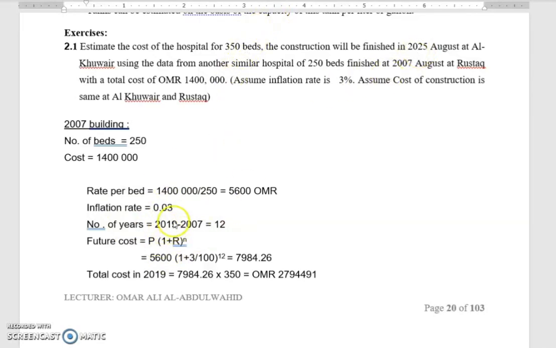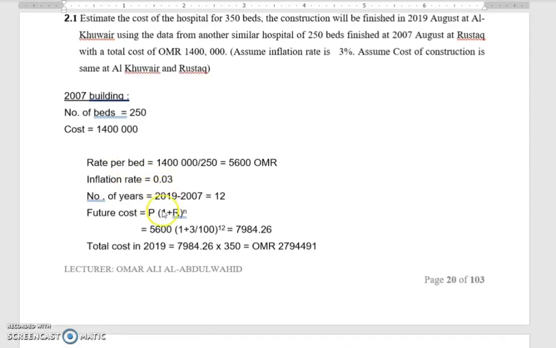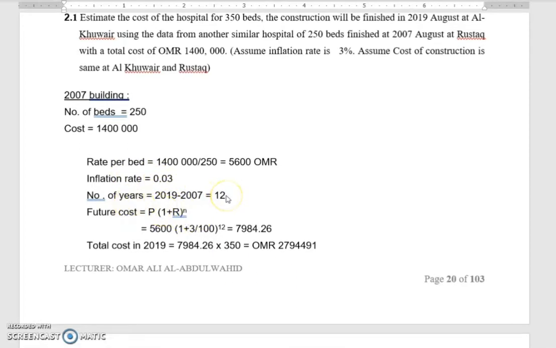Let's say it's 2019, because the solution here uses 2019. We changed the year number, so it became 2019 minus 2007. The difference in years is 12 years between that project and this project.